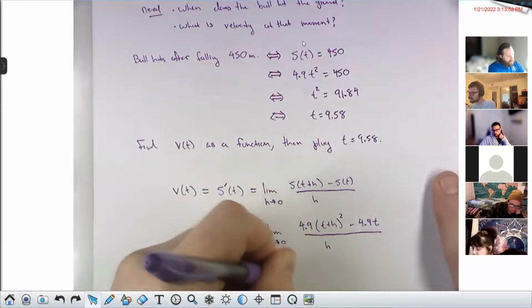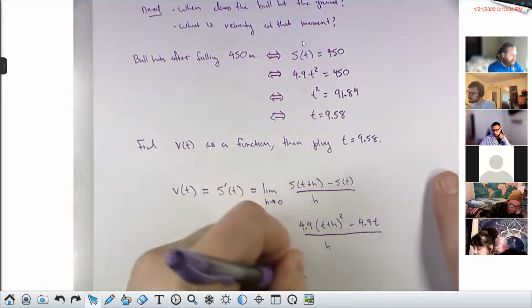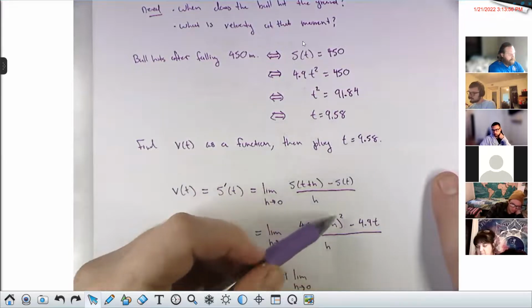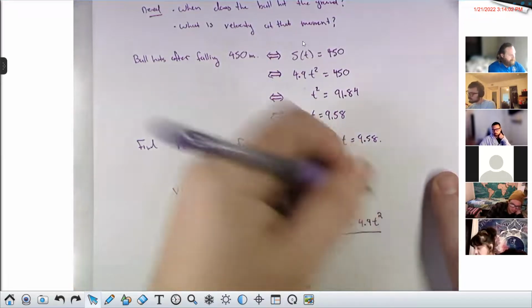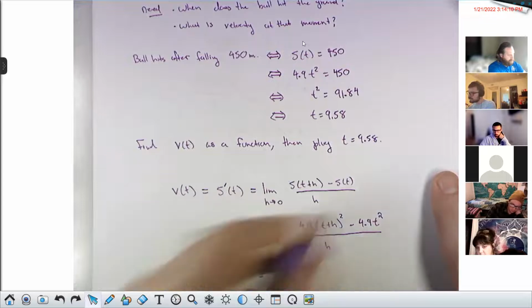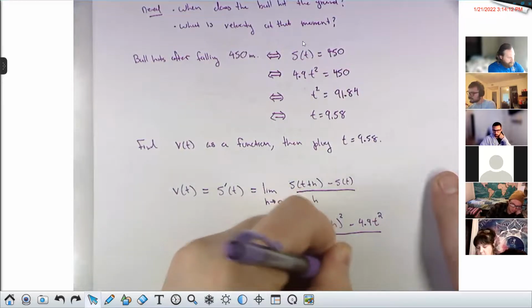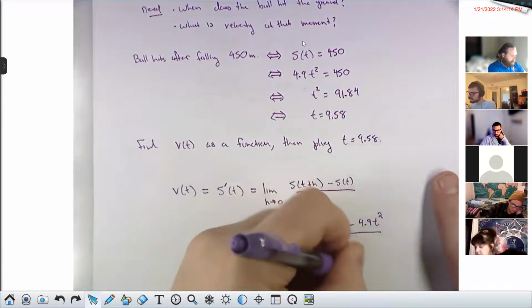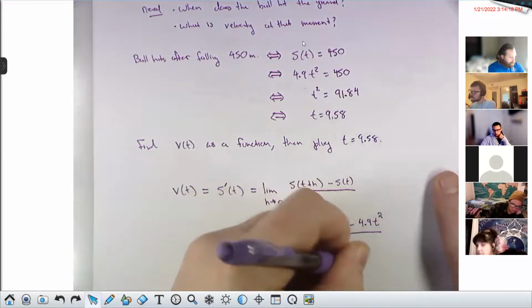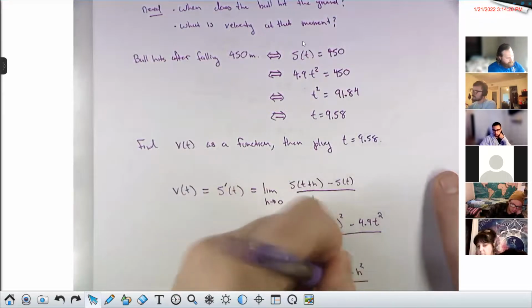This is 4.9 times the limit as h goes to 0. Oh, sorry, this is 4.9 t squared here. Sorry. So this would be t squared plus 2th plus h squared minus t squared. So what we're going to have here is 2th plus h squared over h.